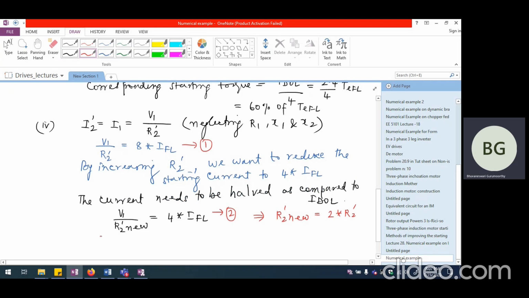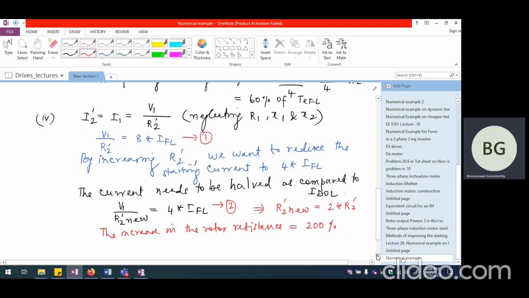The new resistance is 200% of the original, or a 100% increase. The increase in the rotor resistance has to be quite high.